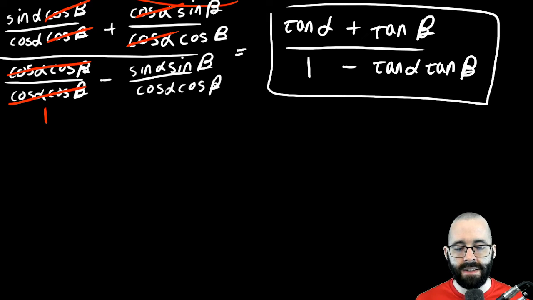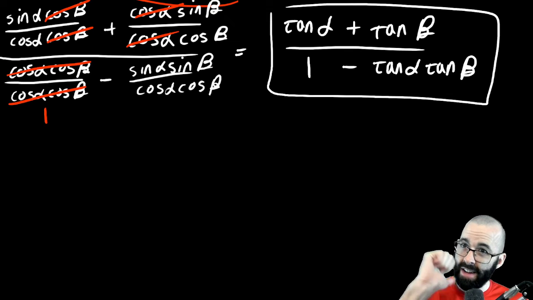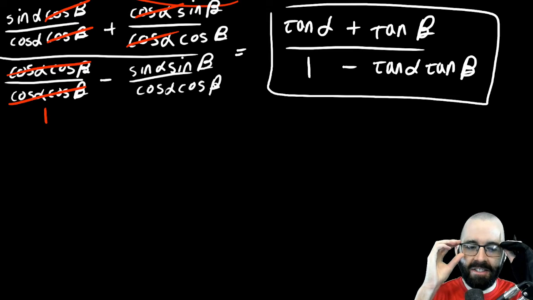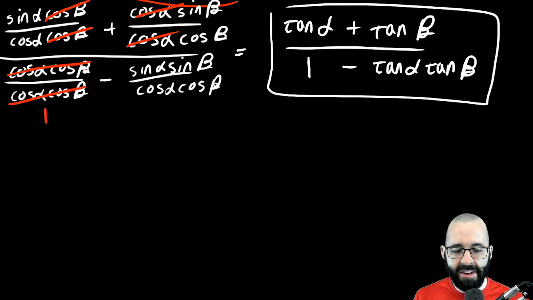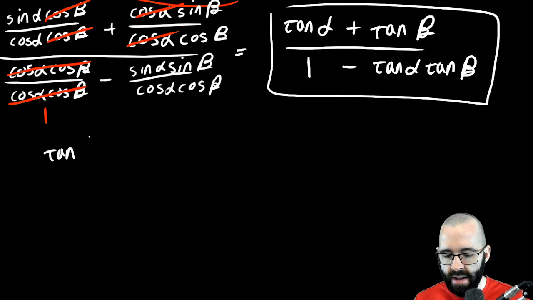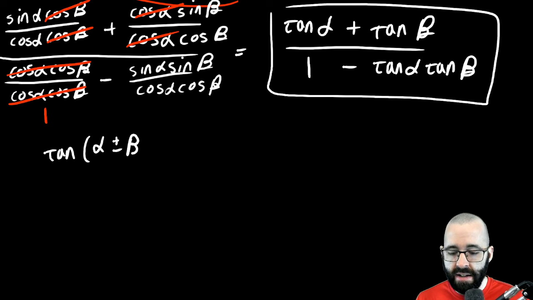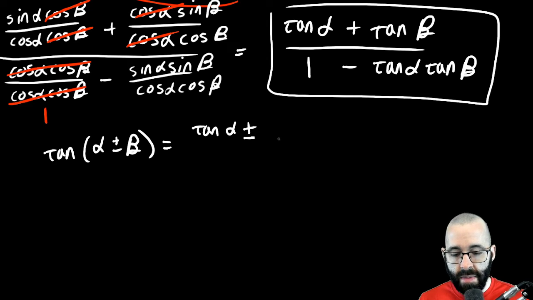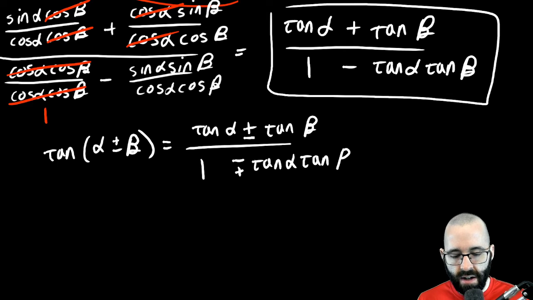And there is the angle sum formula for tangent. Proven by you and me together today. All right. So let's generalize it. Another gold box. The tangent of any angle plus or minus some other angle is going to be the tangent of that first angle plus or minus the tangent of that second angle divided by 1 minus or plus the tangent of the first angle times the tangent of the second angle.